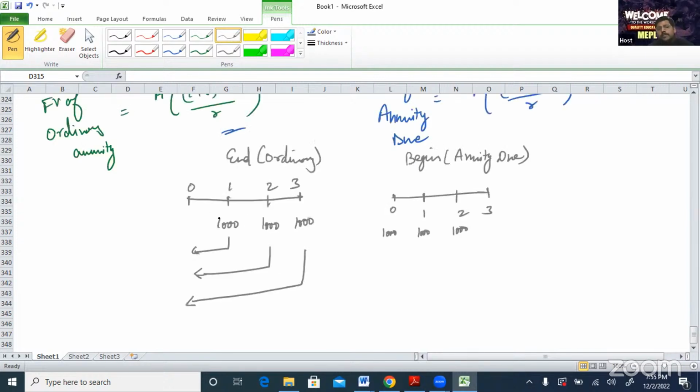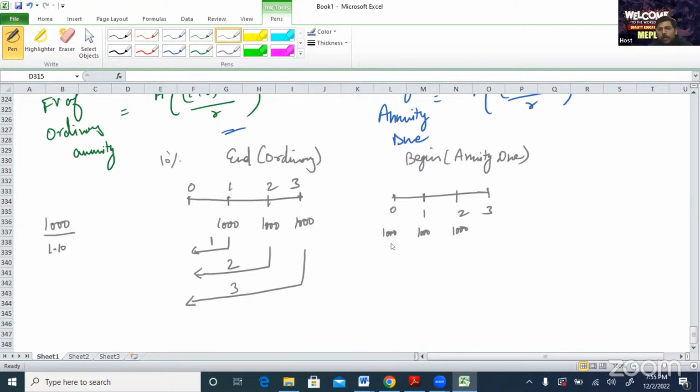Here you can see my cash flow is discounted. If I calculate the present value mathematically, if 10% is the return again, this cash flow is discounted for 1 year, this one for 2 years, and this one for 3 years.